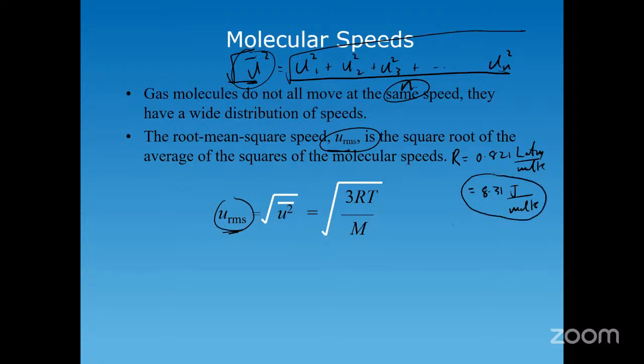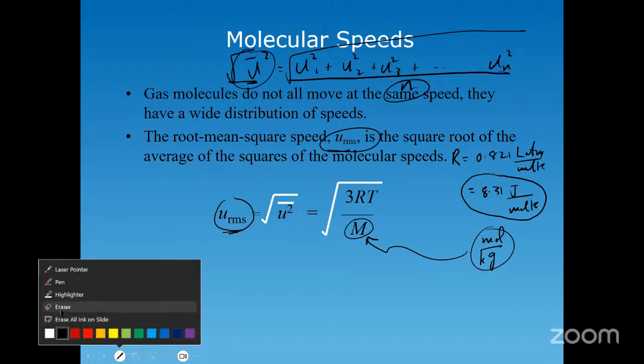Another thing you need to keep in mind is the molar mass. I made a mistake here.